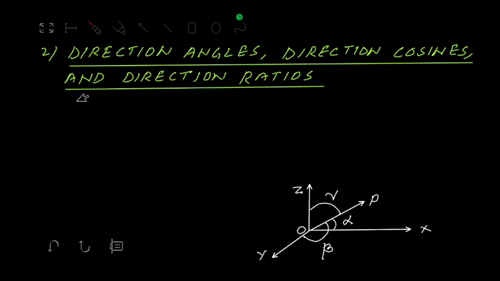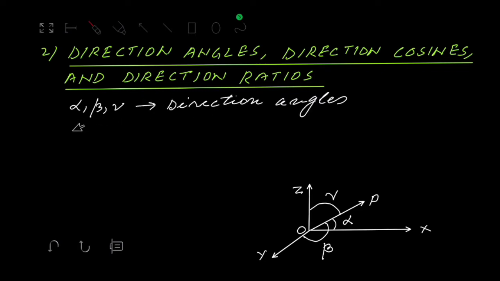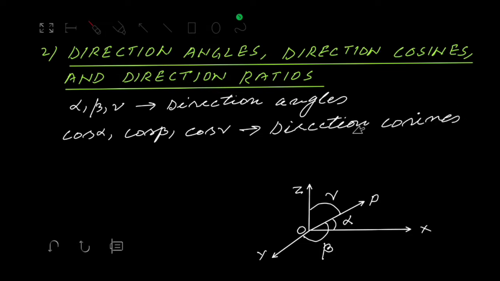Now, if alpha, beta, gamma are direction angles, then cos alpha, cos beta, and cos gamma are called direction cosines of the vector. Now, let us talk about direction ratios.